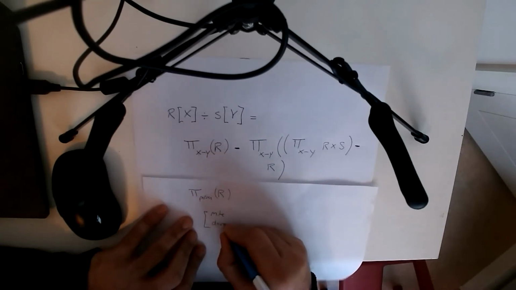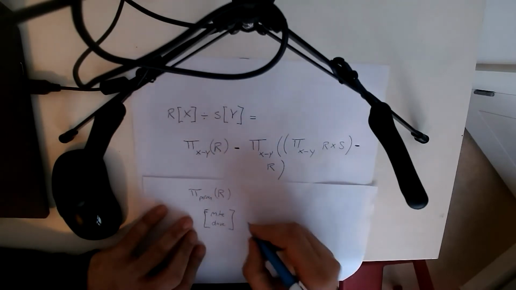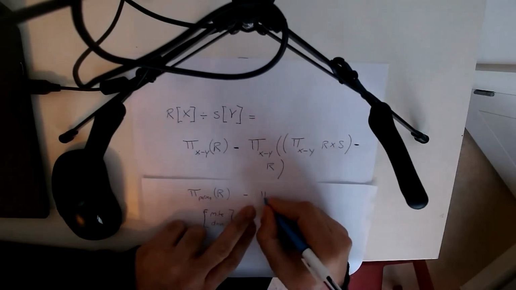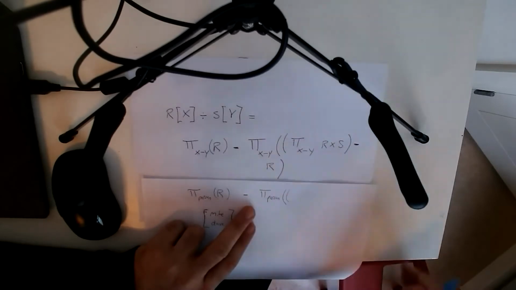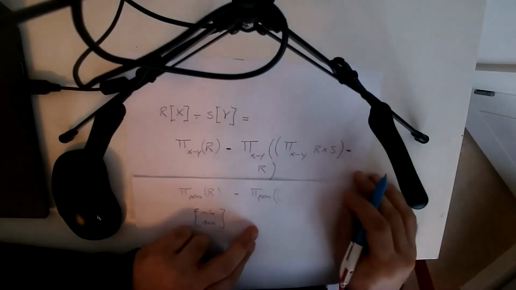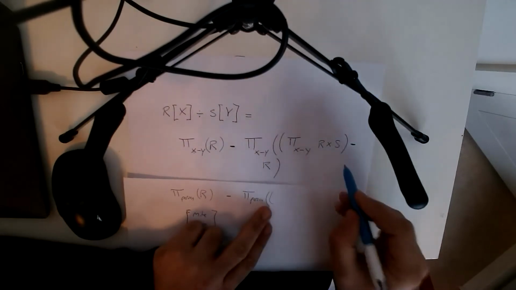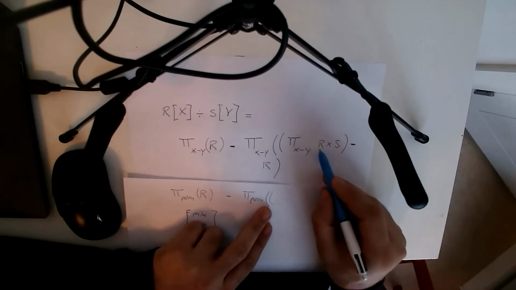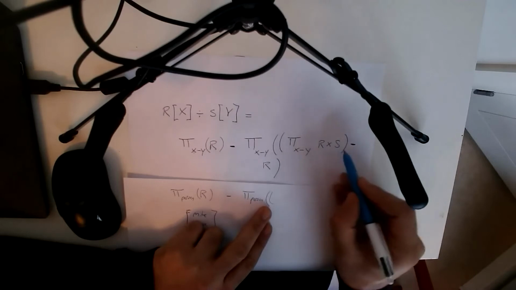So that'll wind up just being Mike and Dave. Right? That's what this piece right here equals. And that's going to be minus project person. And this is where it gets interesting. What we want to do is a Cartesian product between our eaten at and our restaurants.